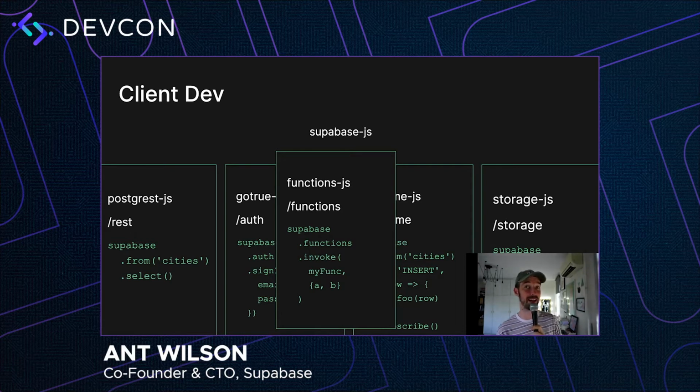Now, this isn't finalized, so the documentation might look a little bit different, but this is the kind of interface that we've started to play around with, which obviously is supabase.functions, and then you invoke your cloud function and pass a bunch of parameters. Now, like I said, this isn't finalized, but I'd say it's pretty close to where we'll end up.